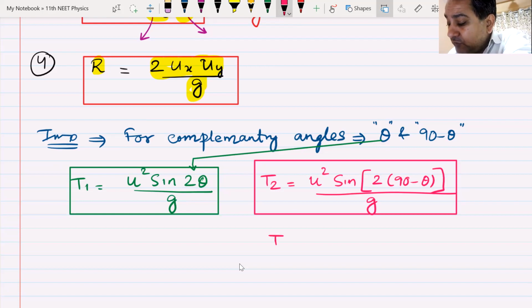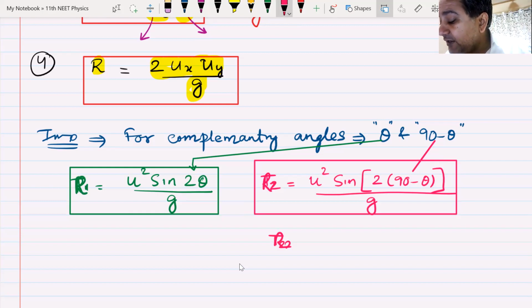Why have I written time of flight? I must write range. Sorry, beta. Genuine mistake. Here also I must write range. Range for the first case is u square sine 2 theta by g.